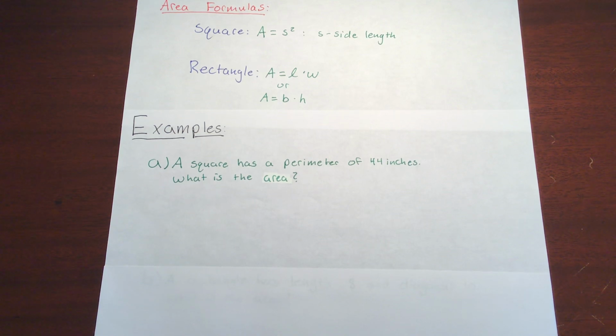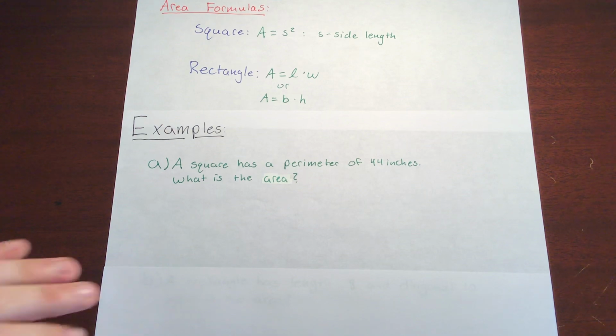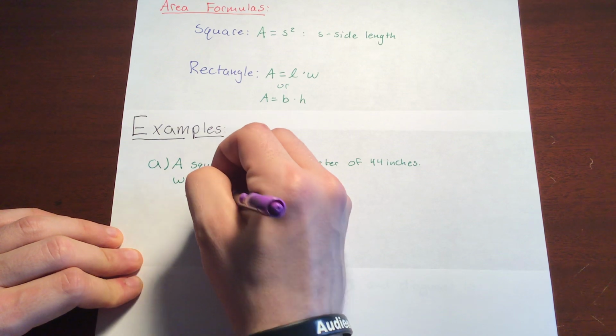But if we know it's a square, we know all the sides are congruent. A square has 4 sides, so we take our 44, divide it by 4, and we get our side length is equal to 11 inches.